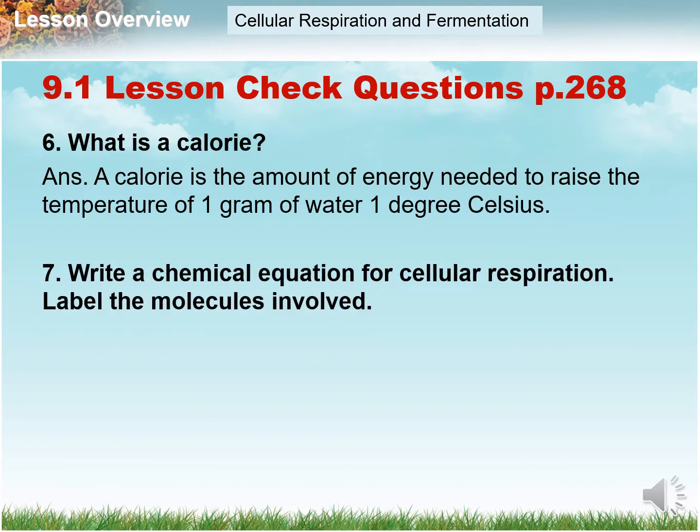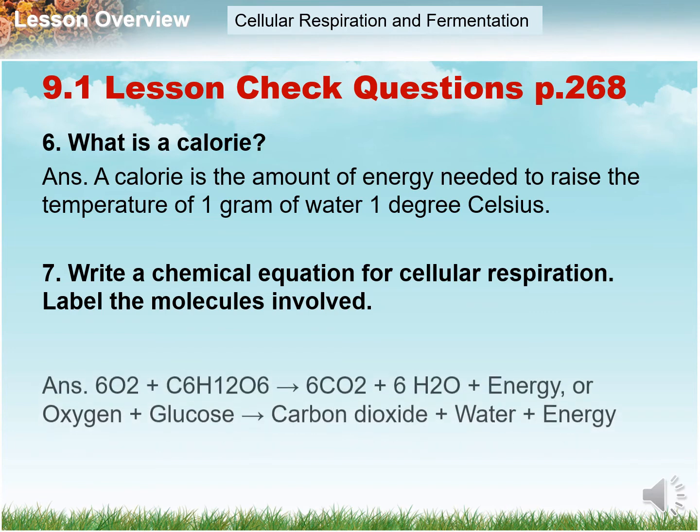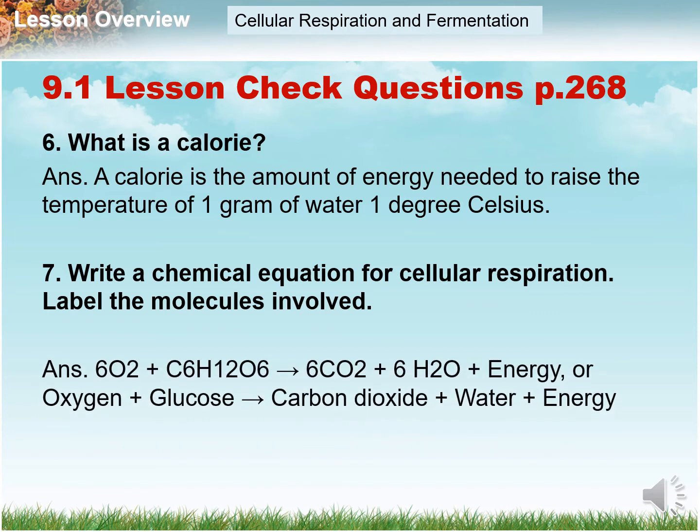Number 7 question in page 268. Write a chemical equation for cellular respiration and label the molecules involved. The answer is given below.